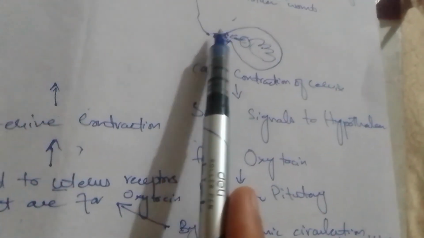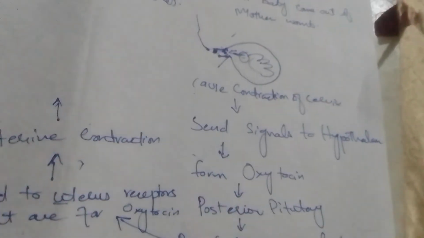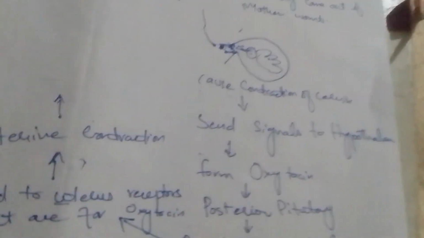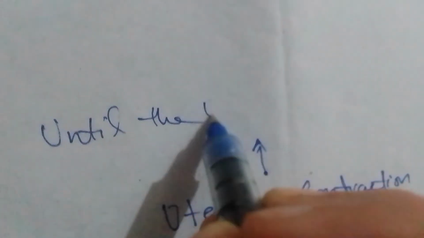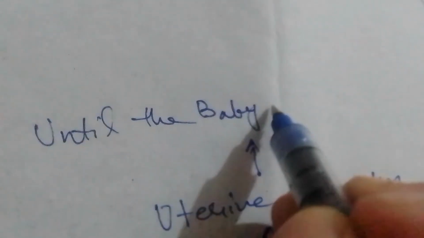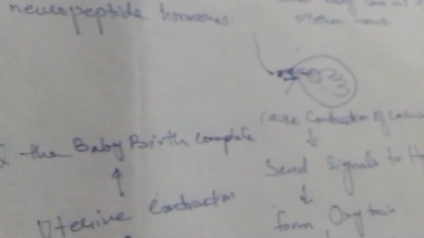This contraction of the cervix is again the stimulus for the posterior pituitary to release oxytocin, and this process continues until the baby is born.